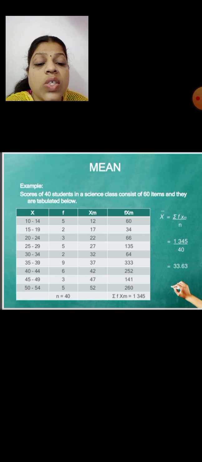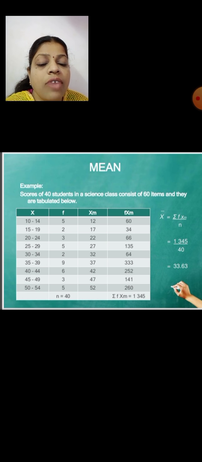Then what is the next step? We have to multiply the mid values with their corresponding frequencies. Here the mid value is 12. We multiply with its corresponding frequency 5. So 12 into 5 is 60. 2 into 17, 34. 3 into 22 is 66.